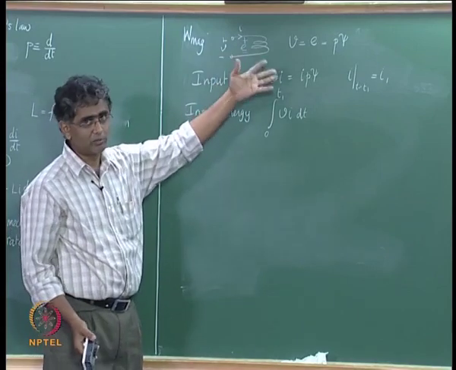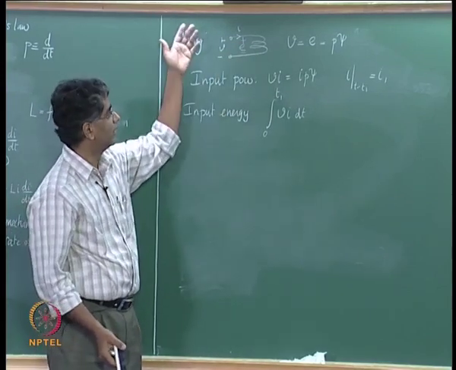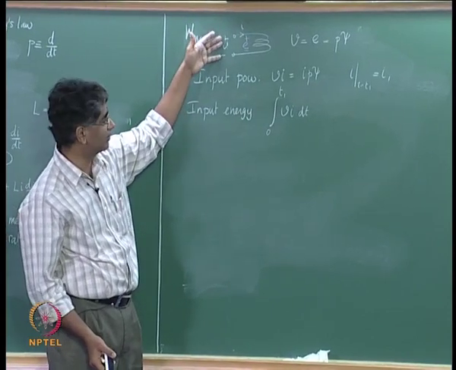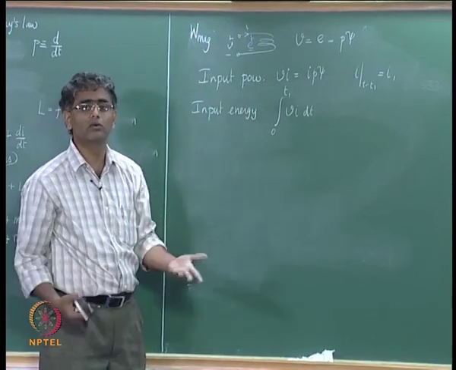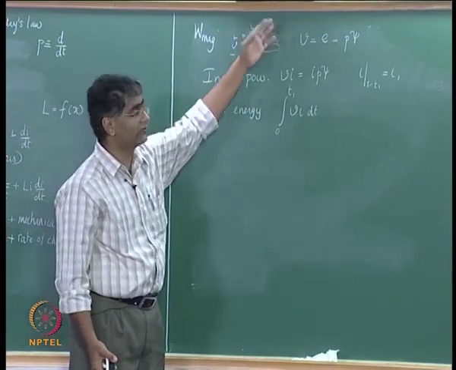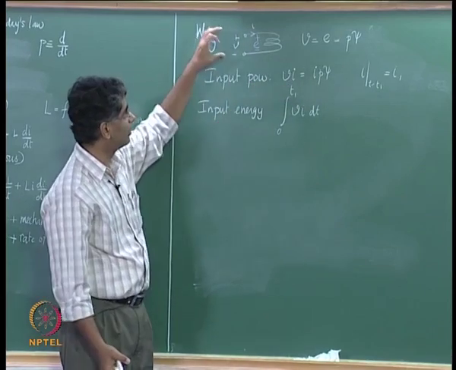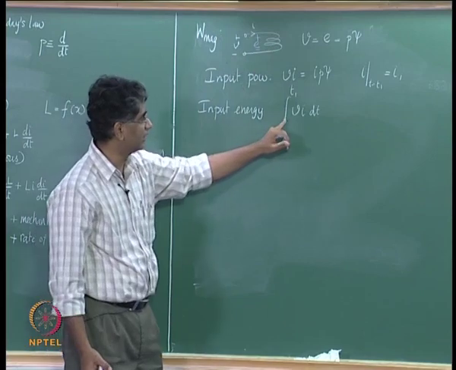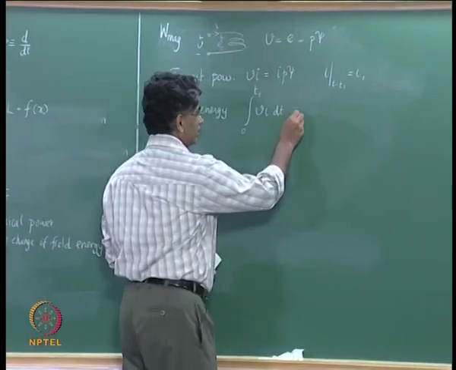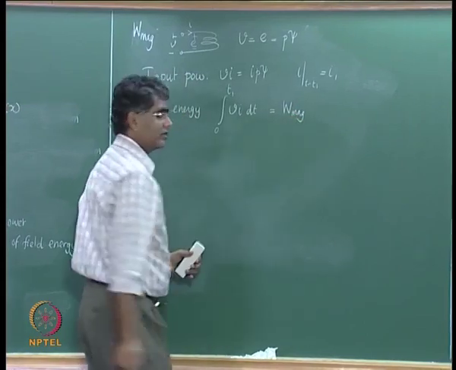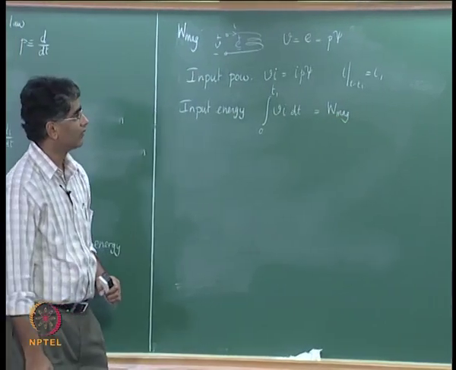There is no mechanical part to this, so nothing moves, and therefore all the energy that is input from the electrical side has to get stored in the system, and the only place of storage is the field that is generated. So all this energy is stored as magnetic field energy, and therefore this integral Vi dt is the magnetic field energy stored in this system.